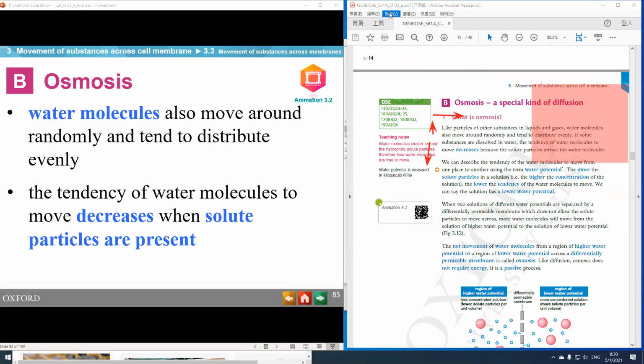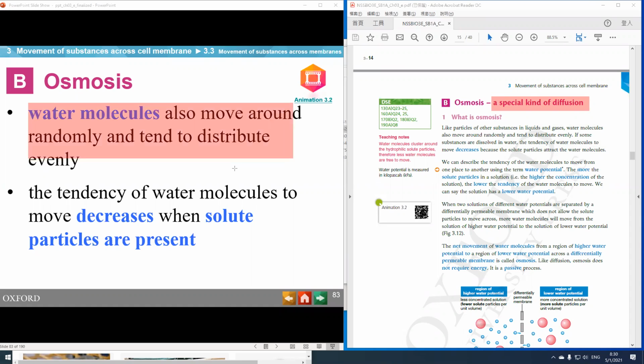If we talk about a special kind of diffusion, osmosis, it means that water molecules can also move randomly. They can move around randomly, they can distribute evenly.